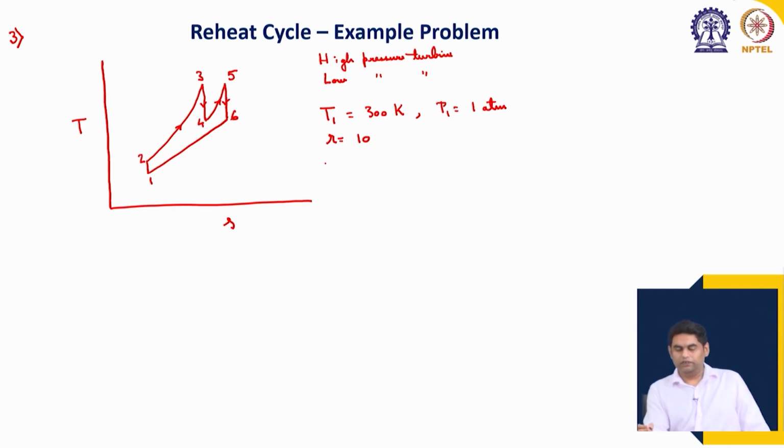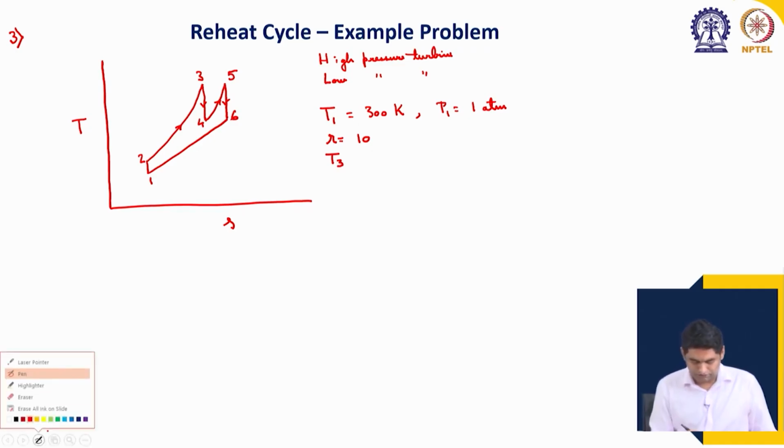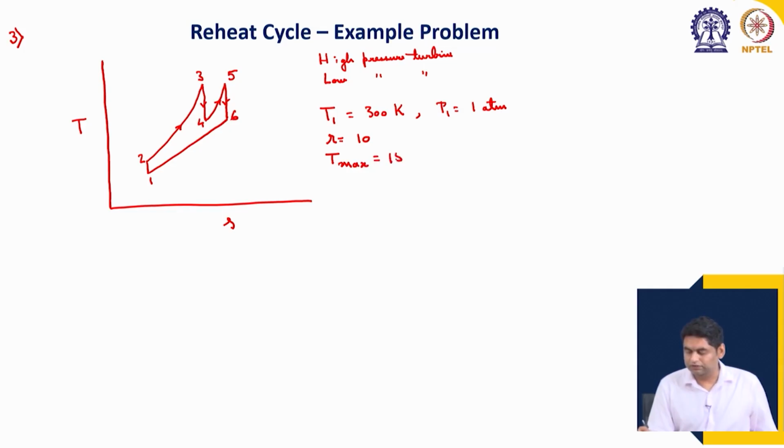And what else was known? The temperature T3, or T max, let us write this as T max, which is more accurate, is equal to 1500 Kelvin.